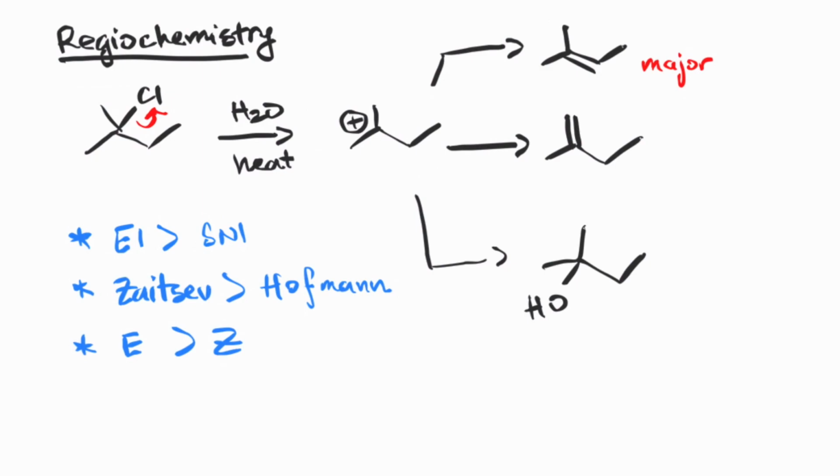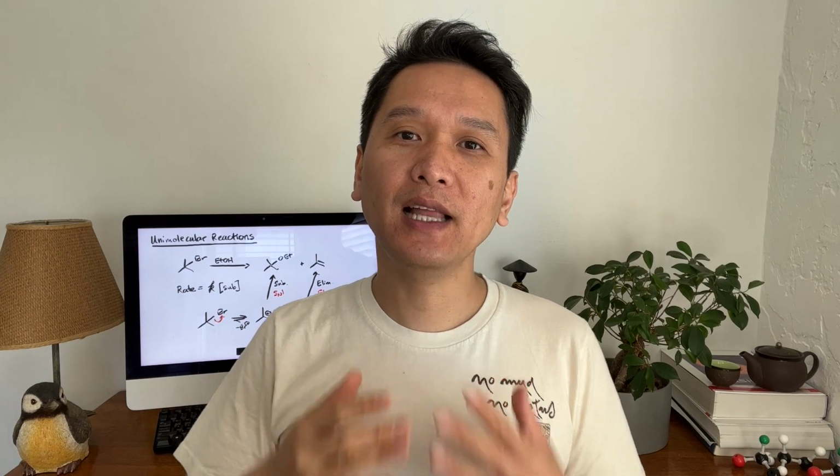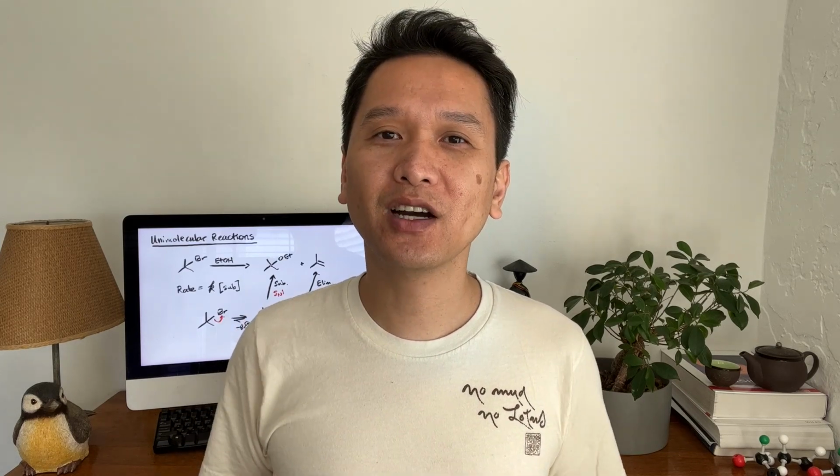So all of this just presents to us that you can't have much control of the unimolecular reaction. So in a practical sense, the unimolecular pathway is quite useless to the synthetic organic chemist most of the time. But we still need to learn it, as it will be useful in some instances we will see in the future.